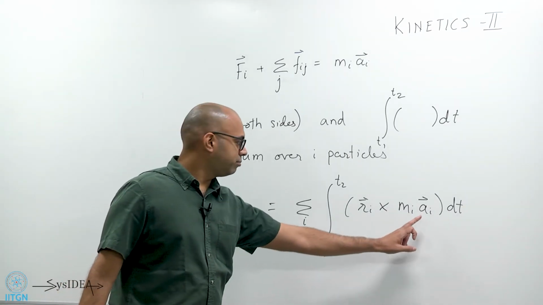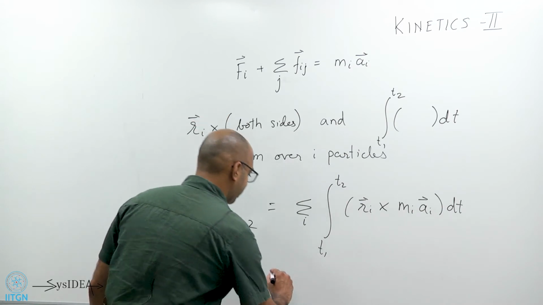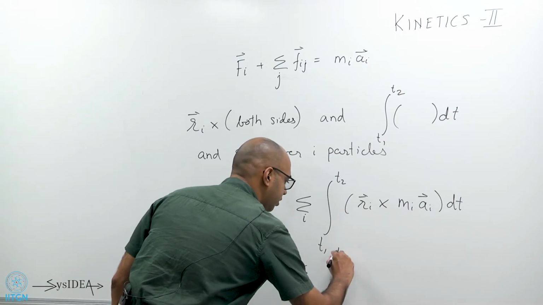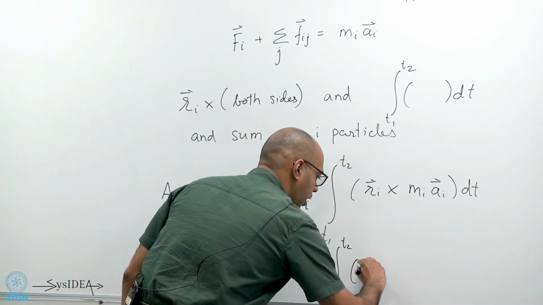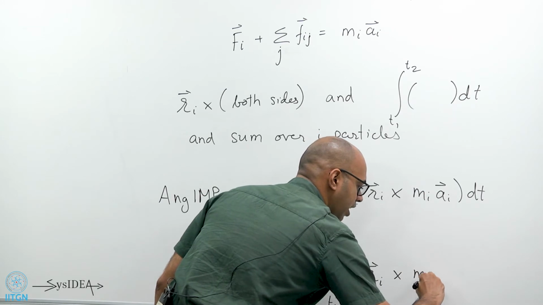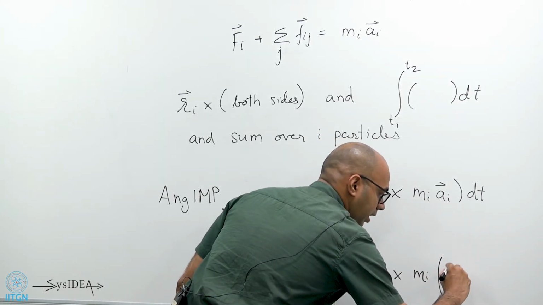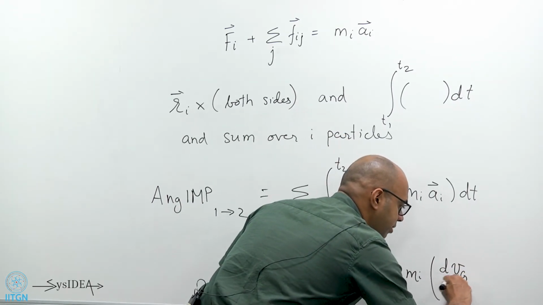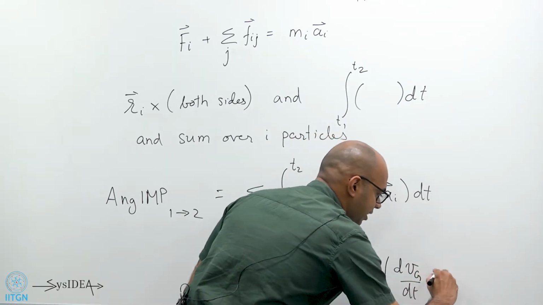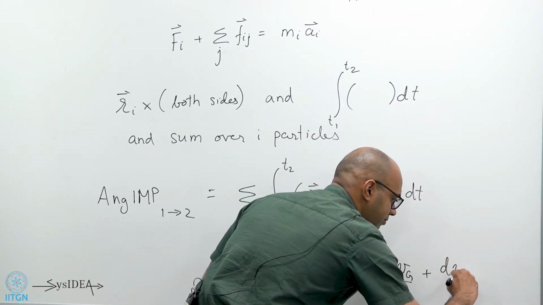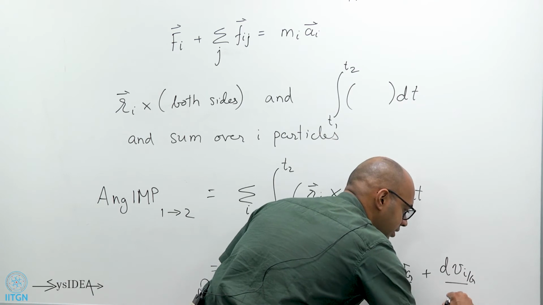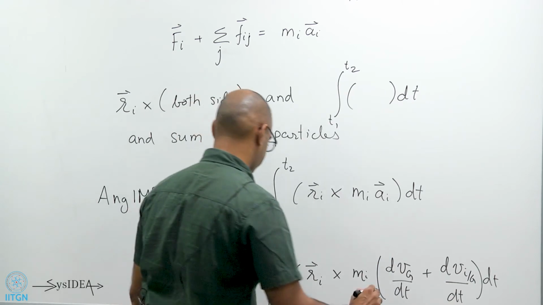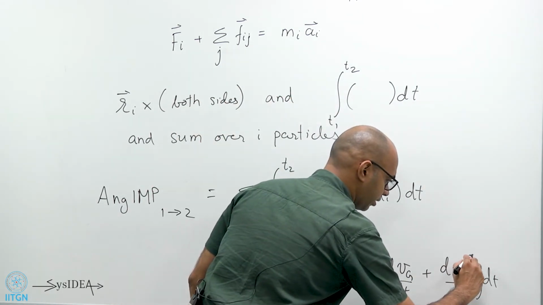So let's look at this term more closely. We can again write this as sum of two accelerations, Ri cross with mi, acceleration of center of gravity, which I will now write as dVg by dt, plus acceleration relative to the center of gravity, which I will write dVi/g by dt, multiplied by dt.